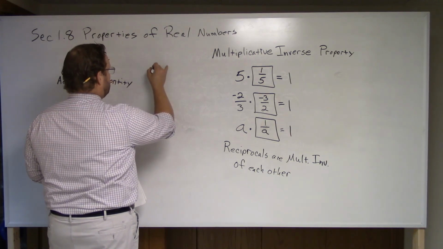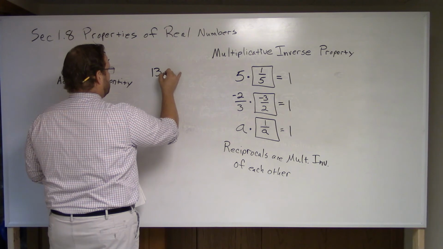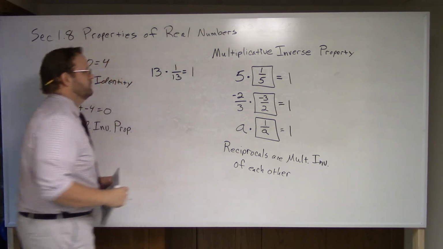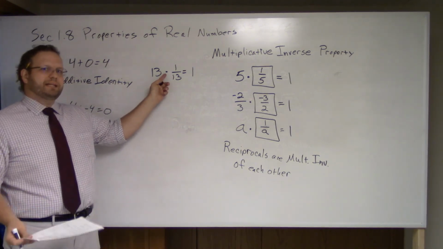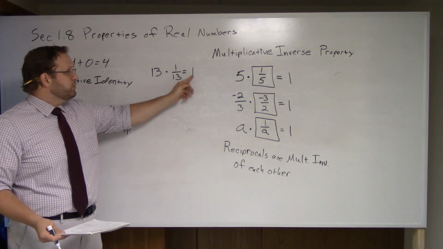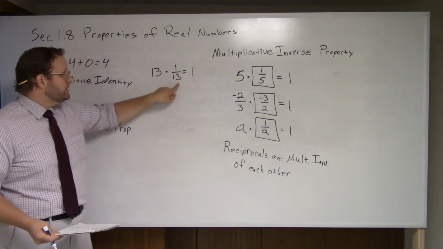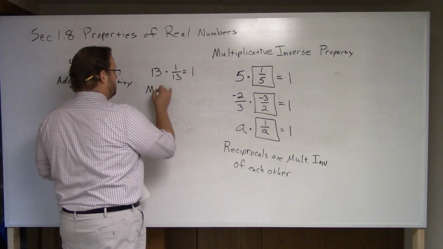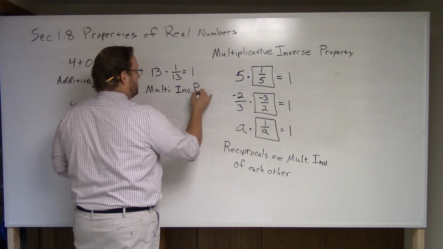Squeeze one more in there. Now this one, again, you're doing multiplicative, obviously, but are we using the 1 or are we getting the 1? In this case, we're getting the 1 using that reciprocal. So this is going to be a multiplicative inverse property.